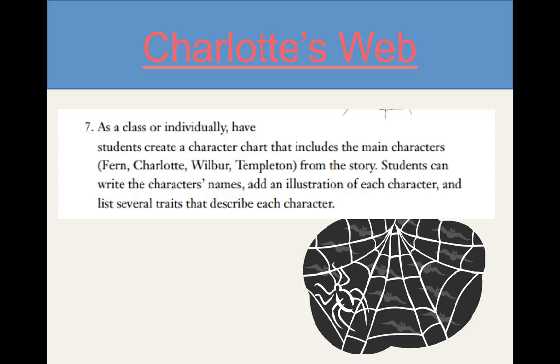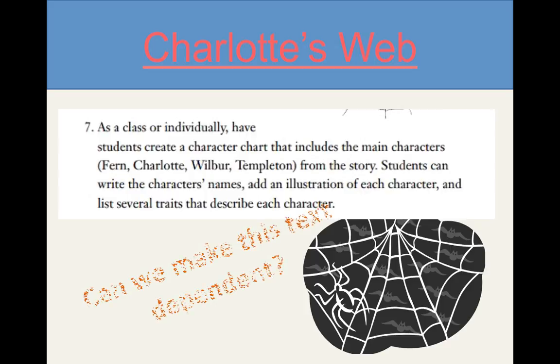If, as a class, students had to create a character chart. From the story, students write the characters' names, add an illustration of each character, and list several character traits that describe each character. Okay? What are your thoughts about this? Can we make this text-dependent? It's not very text-dependent, it's just a task.